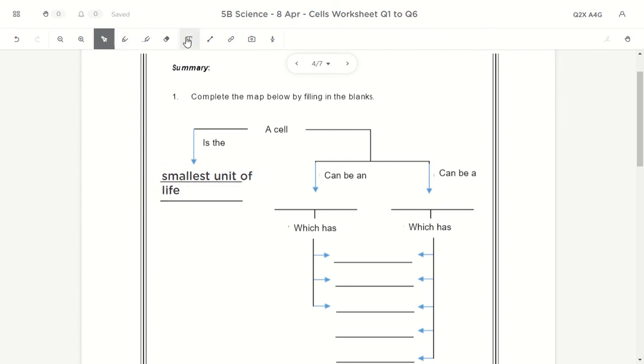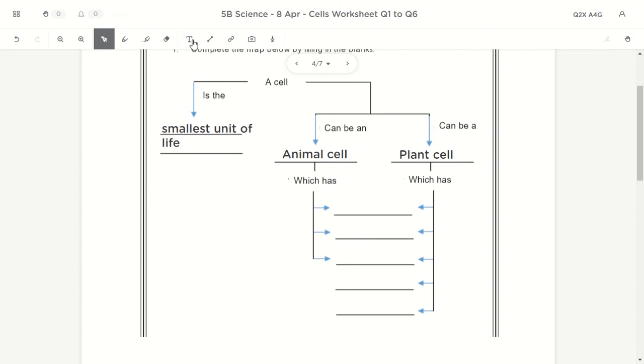Okay, there are two types of cells we have learned. The one in the center is an animal cell, and the one on the right is the plant cell. As you can see, plant cell has more parts that are unique. Which are the parts that we have learned so far?